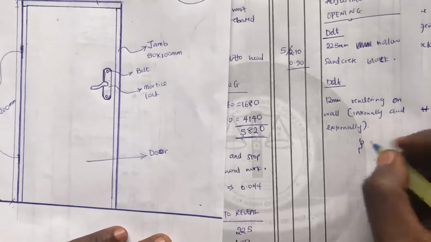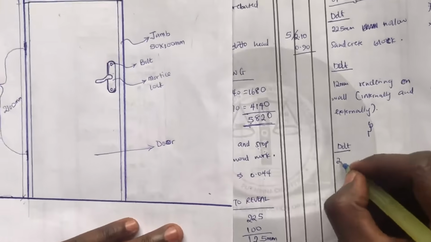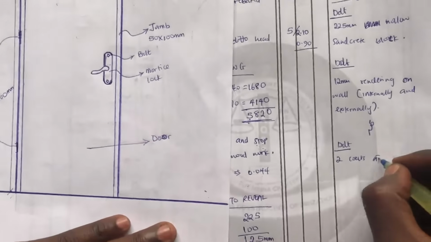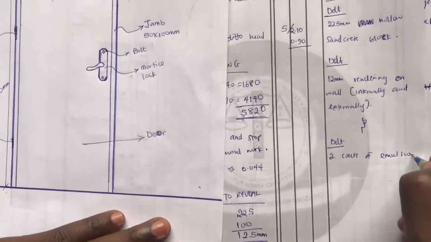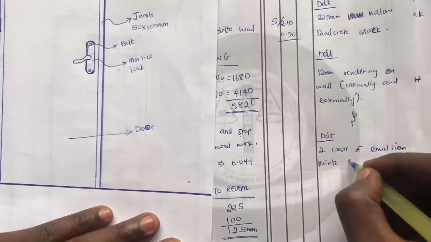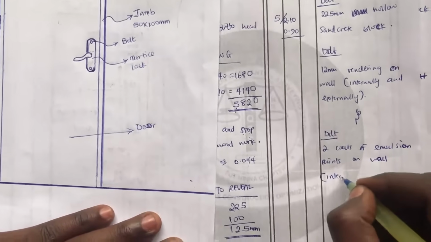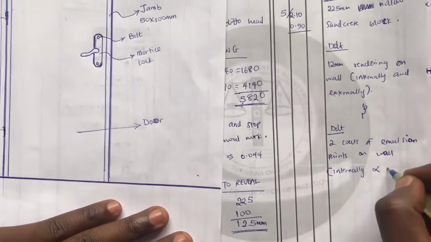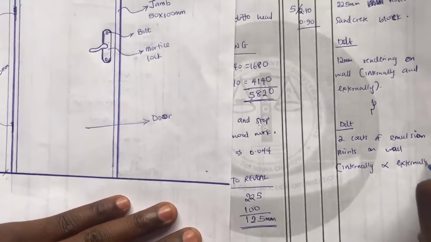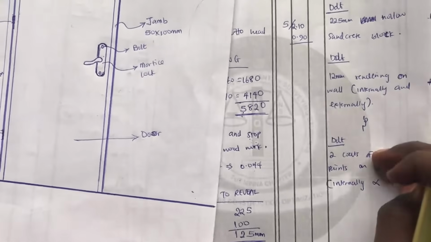Then ending on, I'll still say deduct 2 coat of emulsion paint on wall, also internally and externally. Now remember that the area of rendering and area of painting is still the same as the area of this block work.